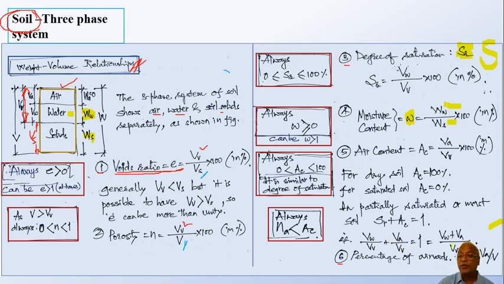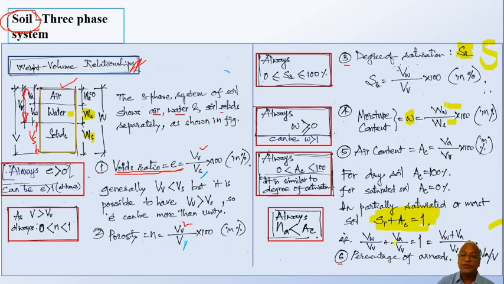If you sum them up, you get volume of voids in the denominator and volume of water plus volume of air on top. So SR plus AC equal to 1 is an important equation to be remembered: degree of saturation plus air content makes it 1.